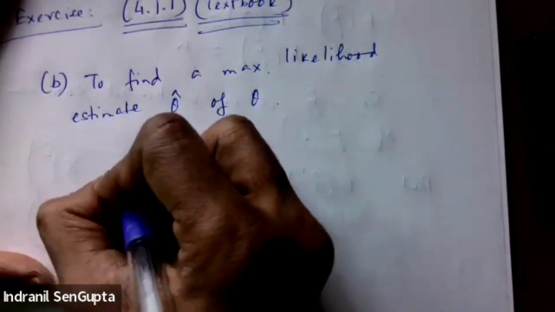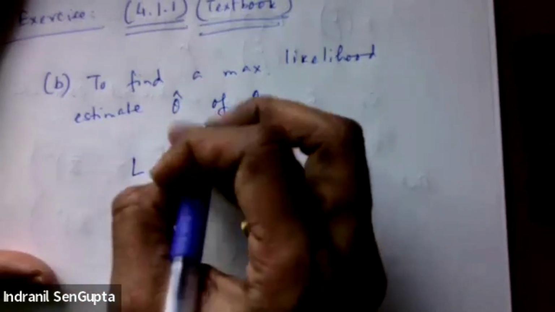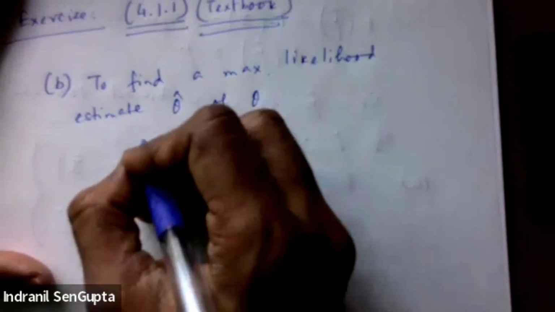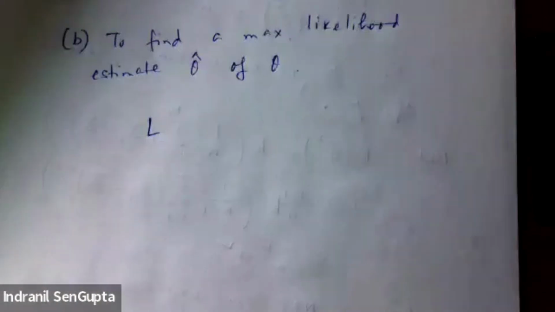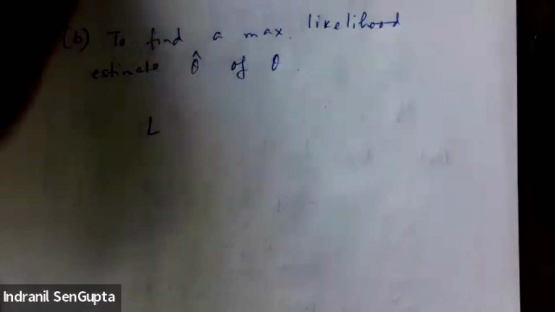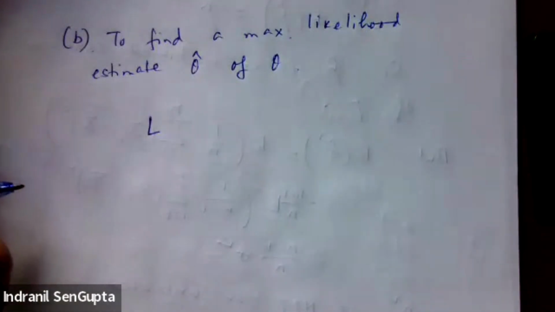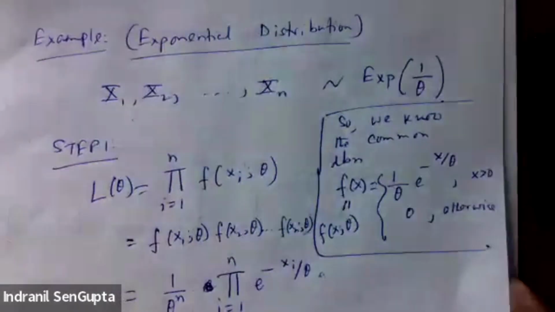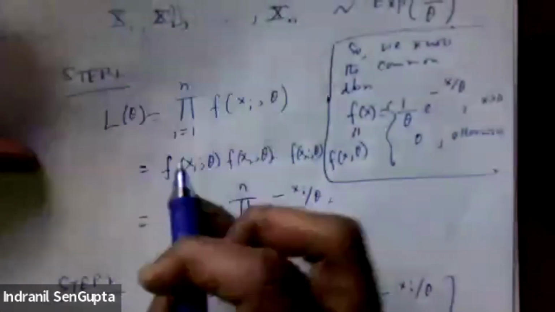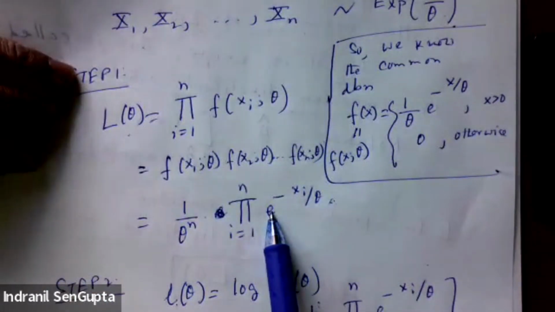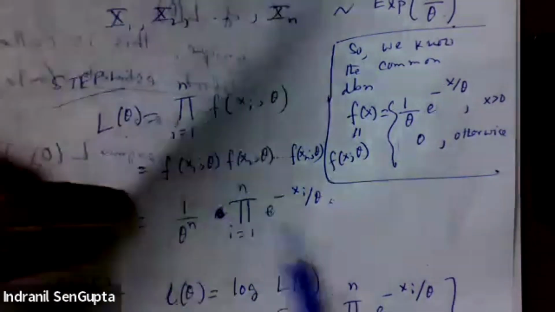The likelihood function is L(theta). That is our example one right here. That's the first example. So L(theta) is this one. I'll simply copy it, right?